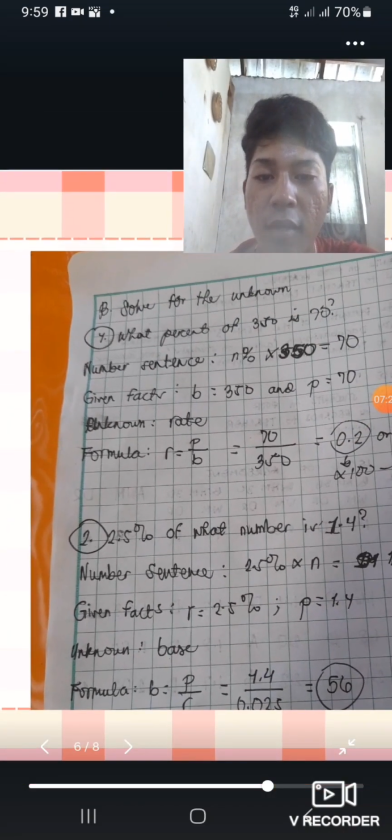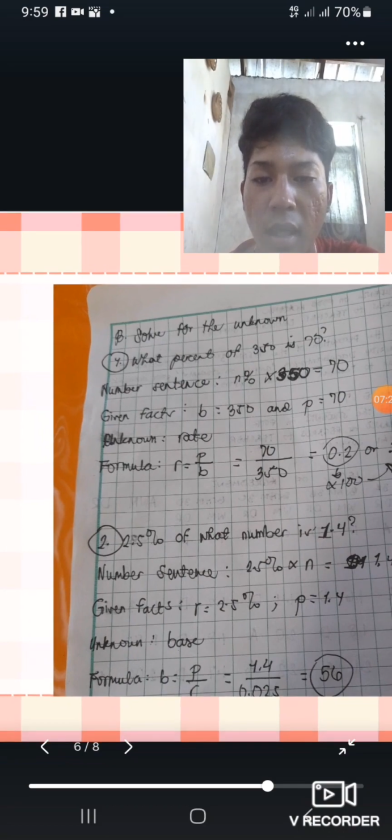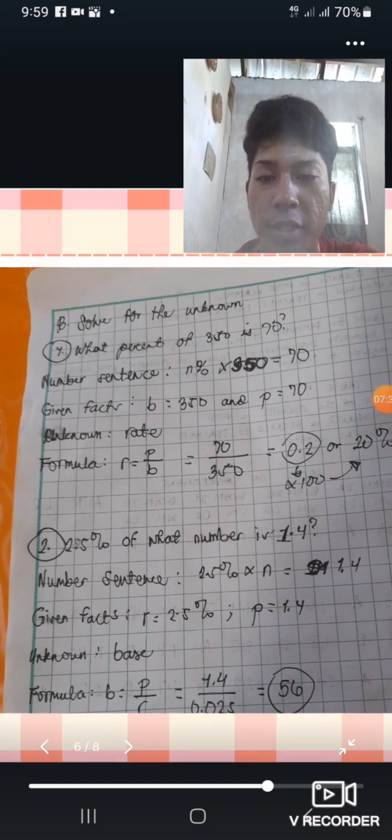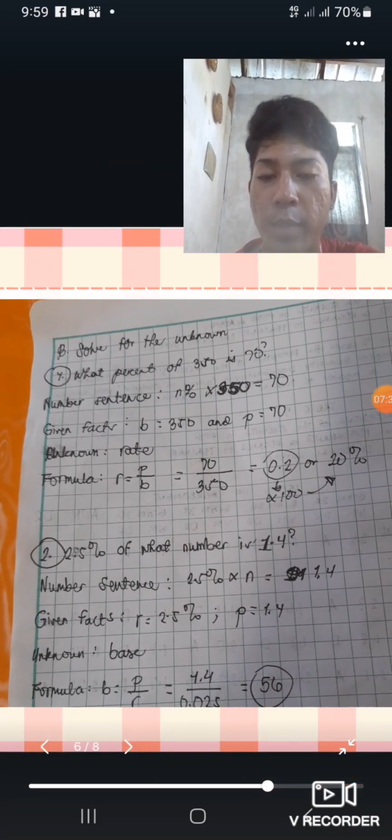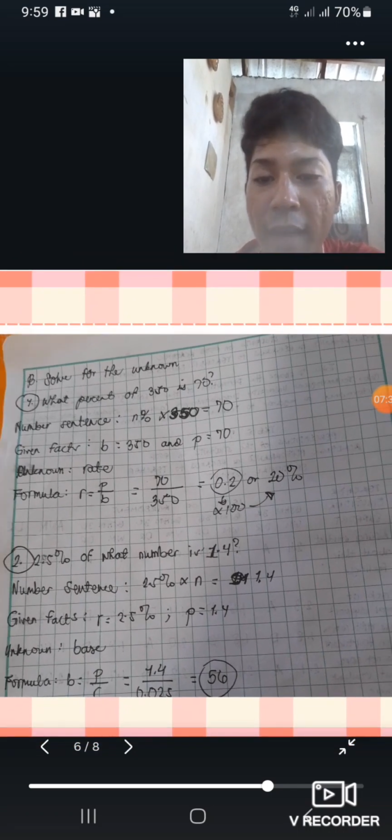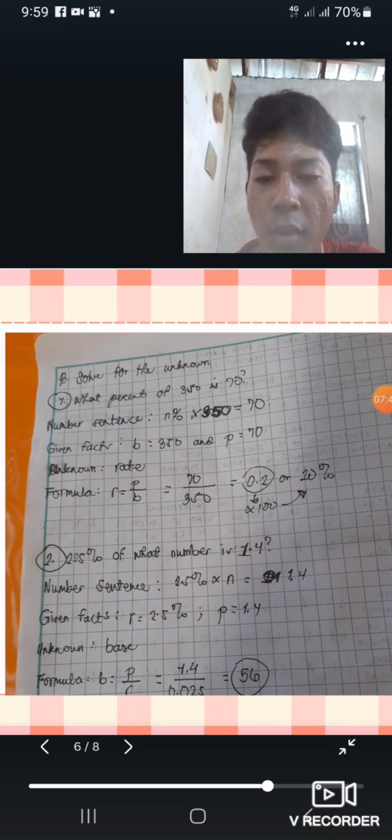Number 2: 2.5% of what number is 1.4? We have the number sentence 2.5% times n equals 1.4. Given facts here, r equals 2.5%, and the percentage, p, equals 1.4.